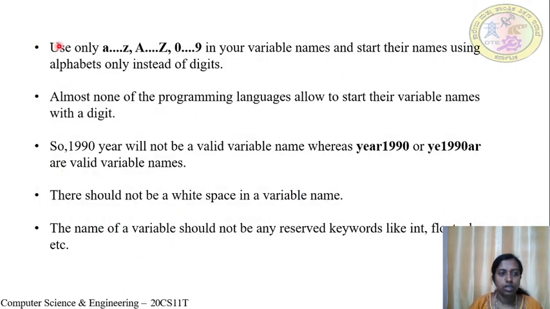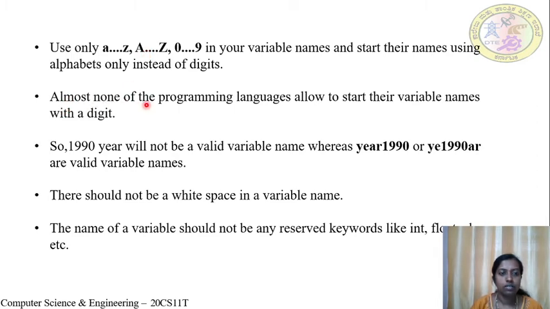Next, use only small letters a to z, uppercase letters A to Z and the digits 0 to 9 in your variable names, and start the names using alphabets instead of digits. So always start the name of the variable with an alphabet. The starting letter can be a small case letter or an uppercase, that is, capital letter.